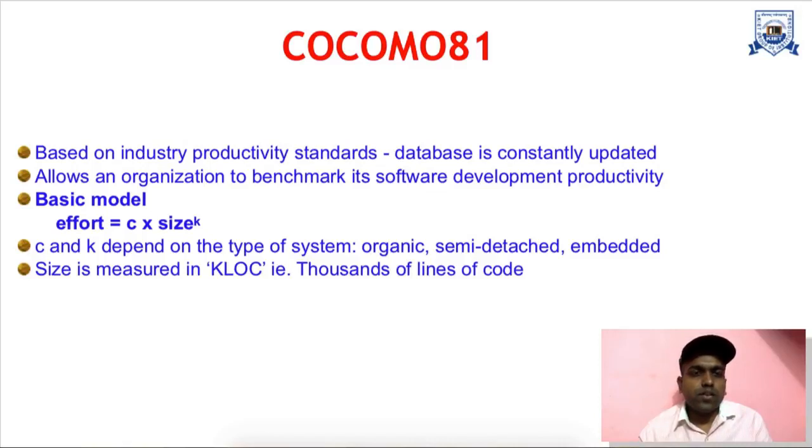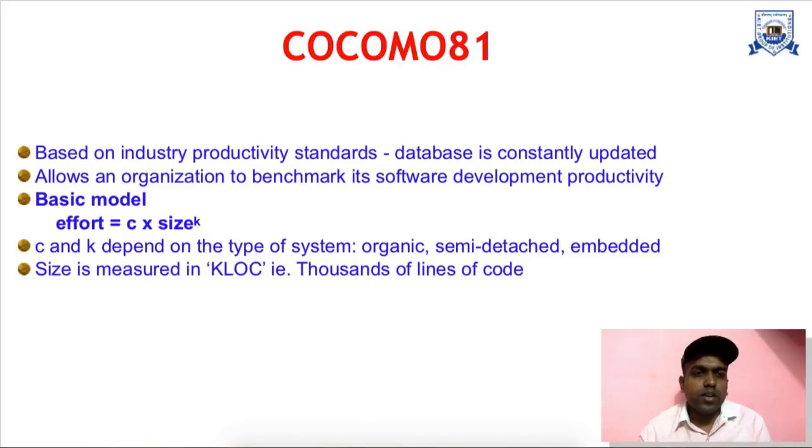In this case, the database is constantly updated, and the formula for the basic model is: effort equals C, that is a constant, into size power K. K is also a constant.